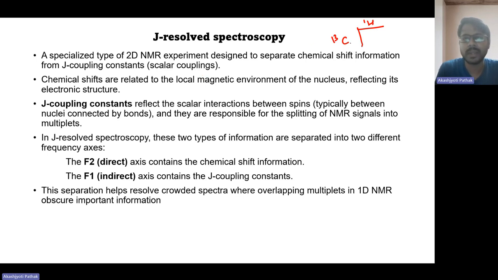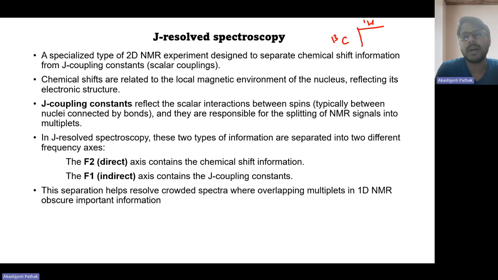For scalar coupling, we know that this carbon is bonded to a proton also. The chemical shifts are related to the local magnetic environment of the nucleus, reflecting its electronic structure. So what is the chemical shift? The chemical shift will depend on the local magnetic environment of the nucleus.